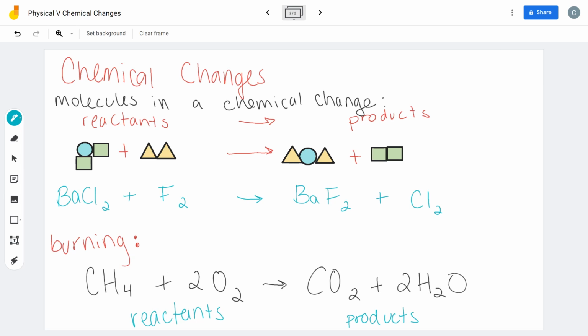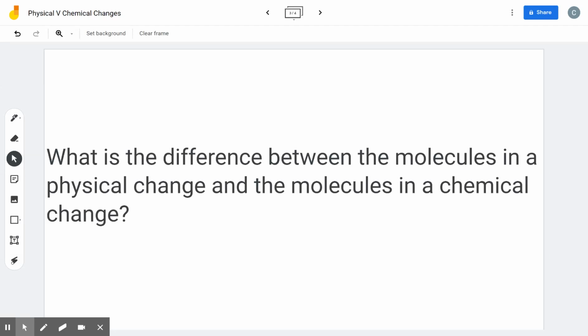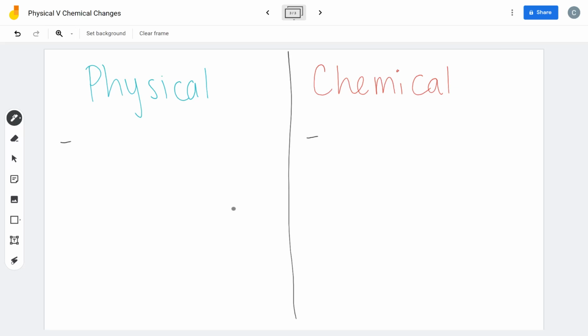So one thing that I really want you guys to think about is, what is the difference between the molecules in a physical change and the molecules in a chemical change?